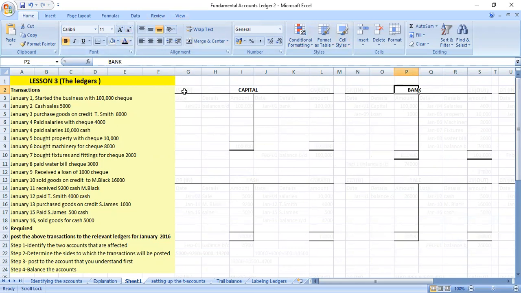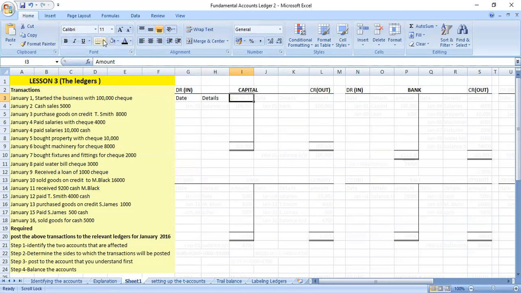We also have our debit side, which we can call the inside. We have our credit side, which we can call the outside. And it's the same thing that we're going to be doing in terms of adding up our account. On the inside of the account, now we need to put the date, the details, and the amount.